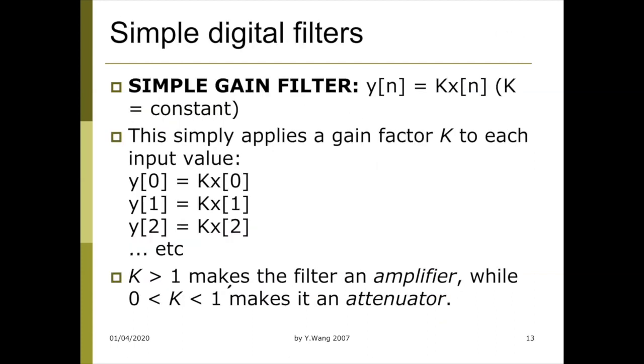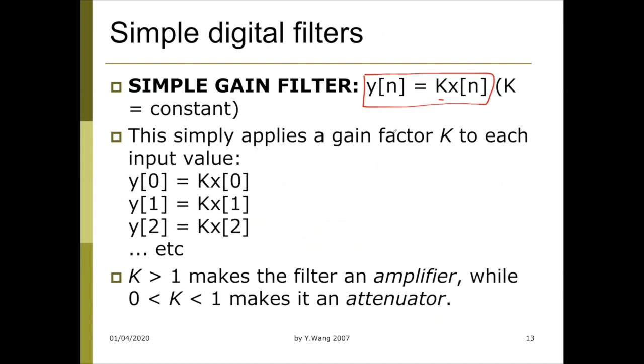Okay, now we're going to look at very, very simple filters to start with. The first very simple filter is a simple gain, an amplifier or attenuator. The expression of that filter is yn equals k xn. So k is your coefficient.